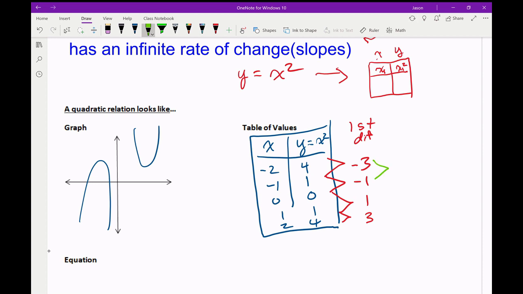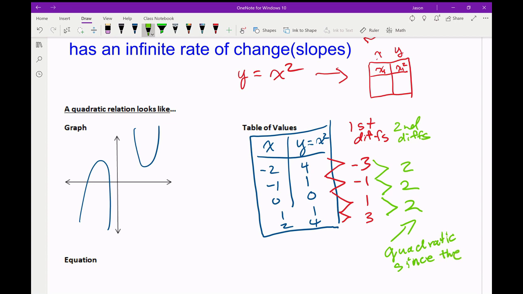For our second differences, we've got 2, 2, and 2. So this is quadratic, since the second differences are the same.